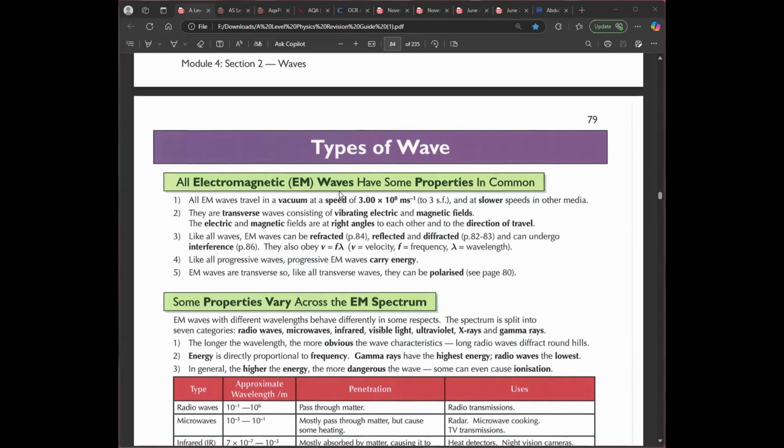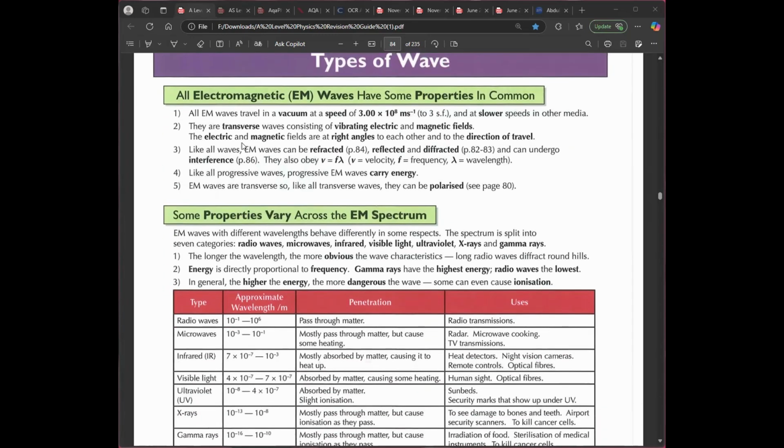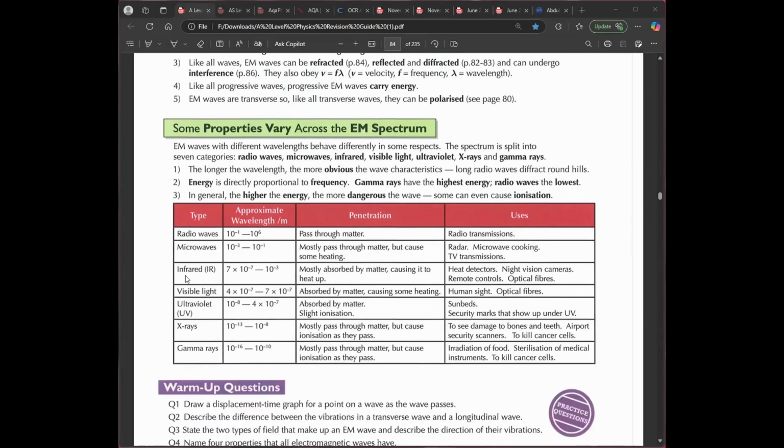So both of them are at 90 degrees to each other and to the direction of travel as well. So yeah, and this is a spectrum which is separated from each other in terms of wavelength. So obviously, the wavelengths can start from, let's say, here, one of the extremes of the wavelength.